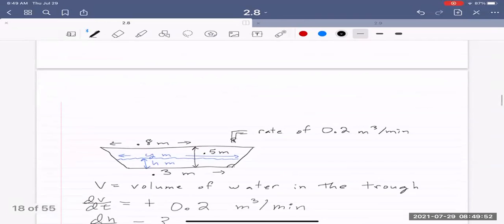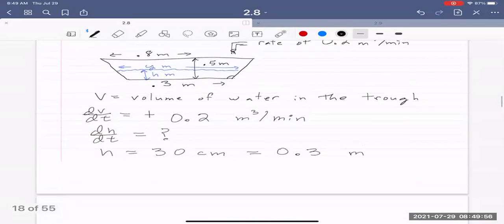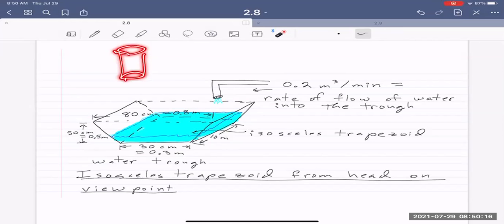Now, let's recall some things. This is really just a cylinder. So it's a weird looking cylinder, but it's a cylinder. You know, a cylinder, let's do a circular cylinder, looks something like that.